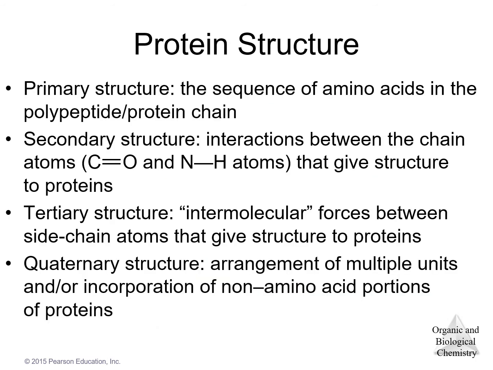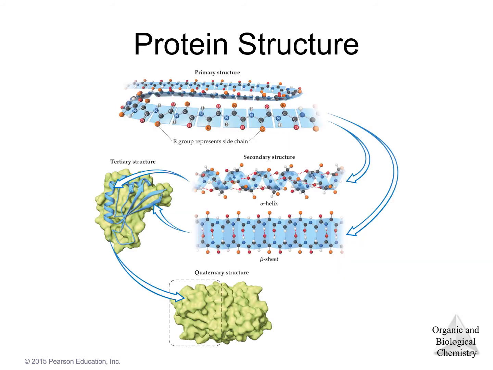You have different protein structures. The primary structure is a polypeptide and a protein chain. You have your carboxylic acid group. You have your amine group that is on there. The tertiary structure is intermolecular. You got a quaternary structure that has an arrangement of multiple units, and it incorporates sometimes non-amino acid portions of the proteins themselves.